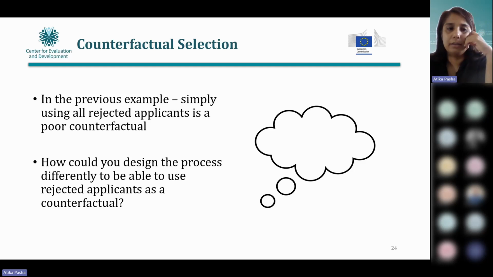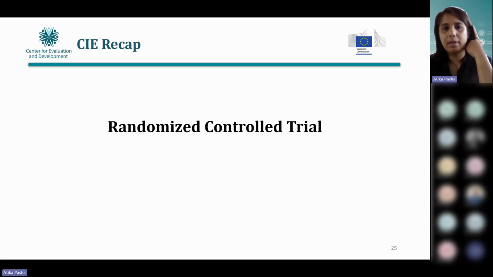And how would we now go about setting up our counterfactual group if we were to not take the rejected applicants? And this is where we talk about the randomized control trial, which is, as I said, one of the gold standards in terms of impact evaluation methods.